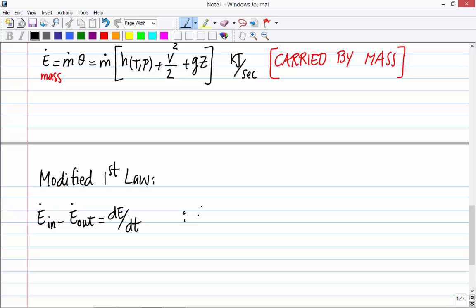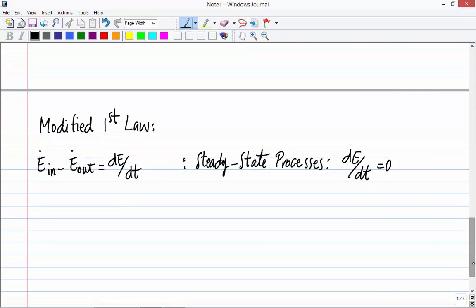And we know that in steady state processes, dE over dt equals 0. There's no change in the total energy. If you check the total energy today, you go home and come back tomorrow, it's going to be the same value.